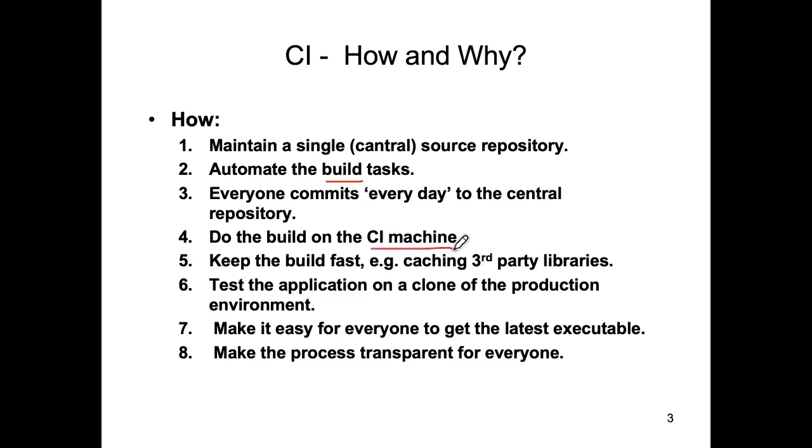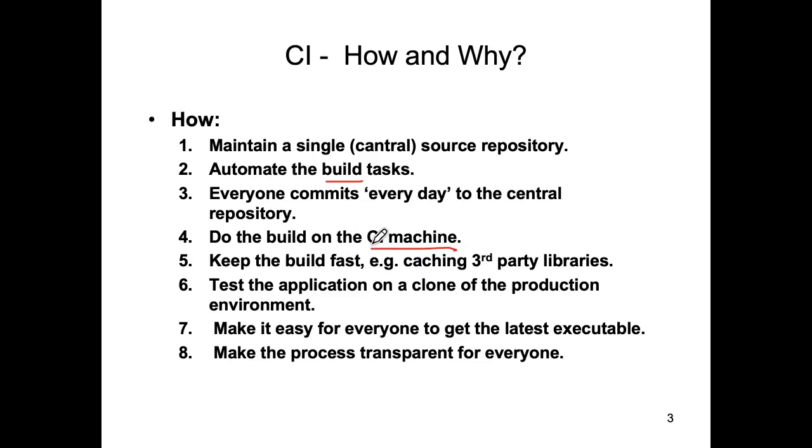So it has to be carried out on, I'm going to say a remote server, but at least a server that all the team members potentially have access to. You don't want it carried out on somebody's individual computer, which only that person has access to. Now, what we will do is we will use a cloud service as our CI machine. So that has the same effect, really.